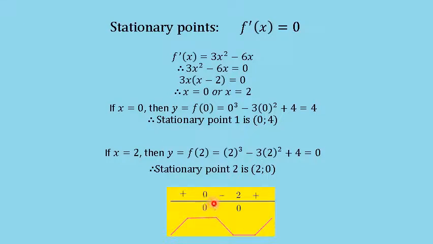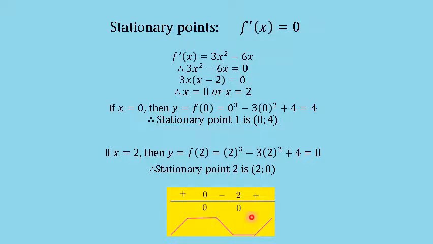And here between 0 and 2, if we take 1 and substitute it into this function, we are going to get a negative number. So our function is decreasing. And here at this point, it's parallel to the x-axis because at 2, the gradient is 0.